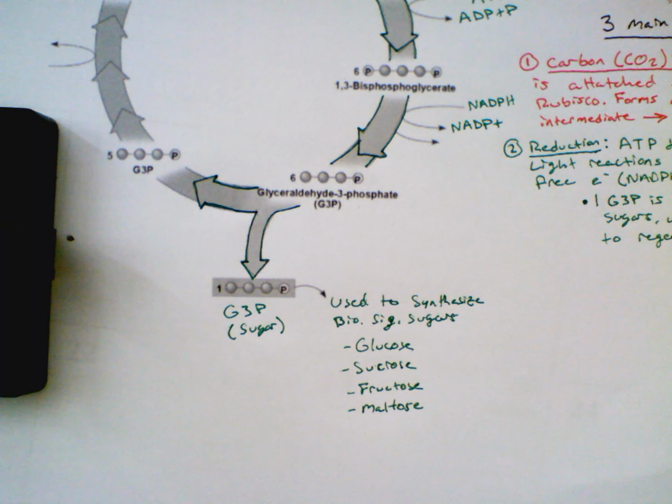So, the Calvin cycle doesn't directly produce glucose or any of those other sugars, but it produces the thing that will then be stuck together to make all of these other biologically significant sugars.